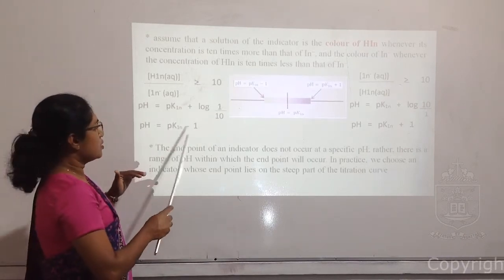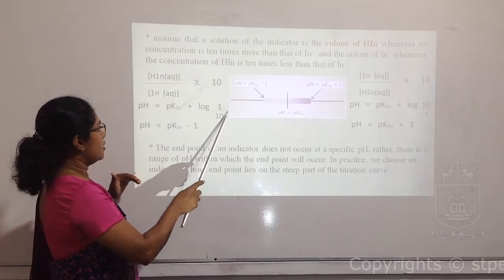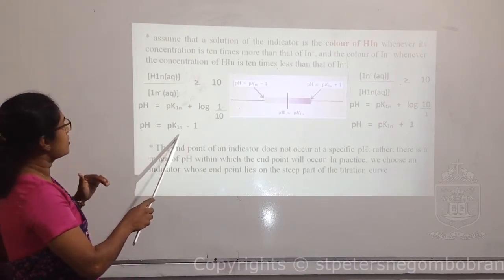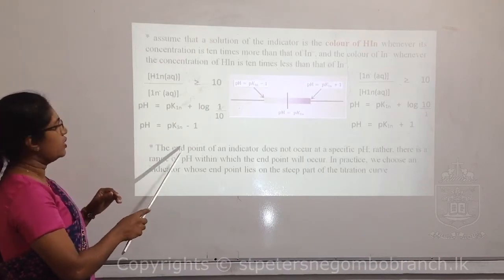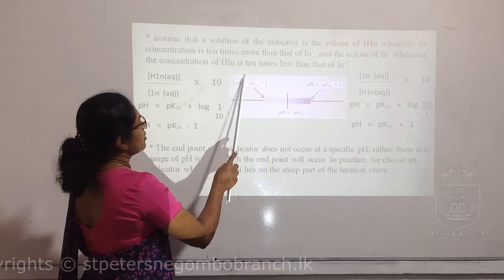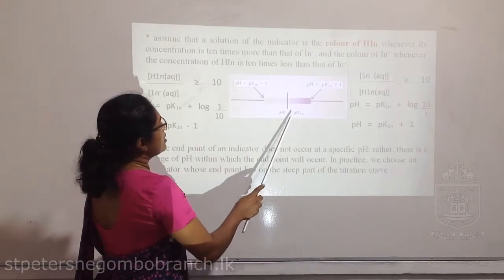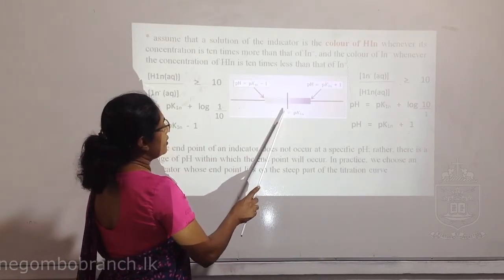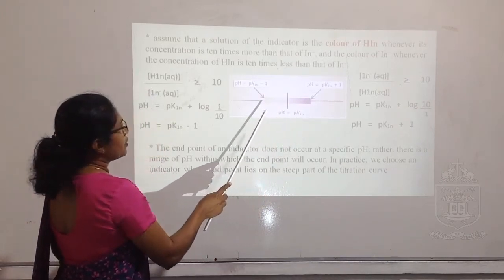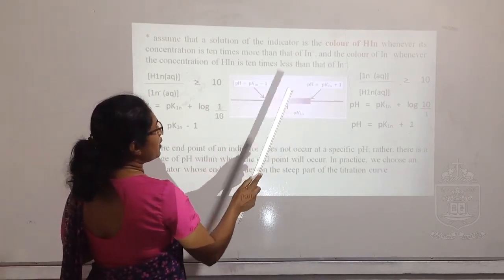So by substituting that value here, we can find the expression pH equals pKIn minus 1. This is the midpoint. At that time pH equals pKIn, but in the color of HIn.